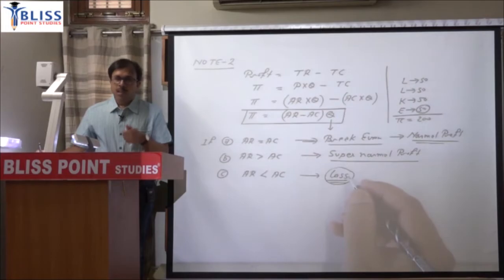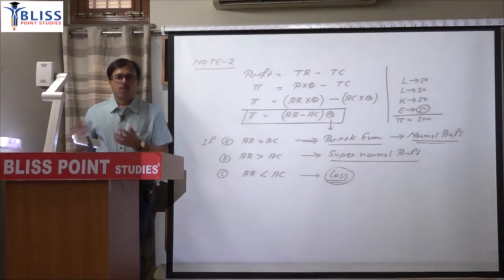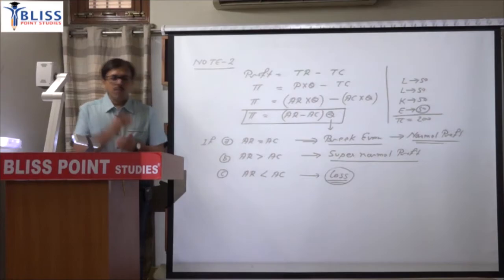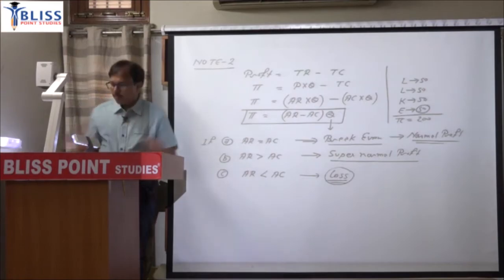One, the firm may continue despite loss. So obviously you will ask why the firm will continue despite loss. The reason is, if the firm shuts down the production, there will be greater loss. So it is better to continue despite loss. That means you have to bear loss in both conditions. If you discontinue, then also there is loss. If you continue, then there is loss. But if you continue, the loss is less.